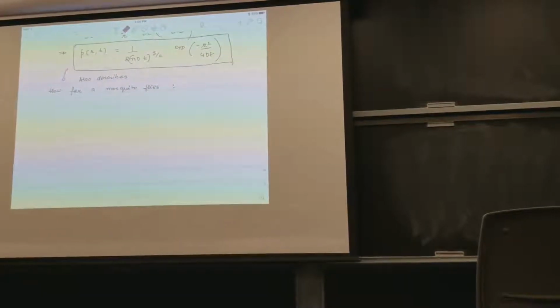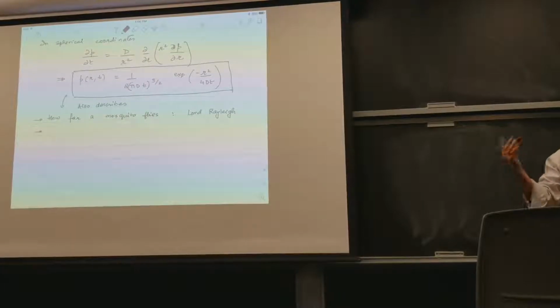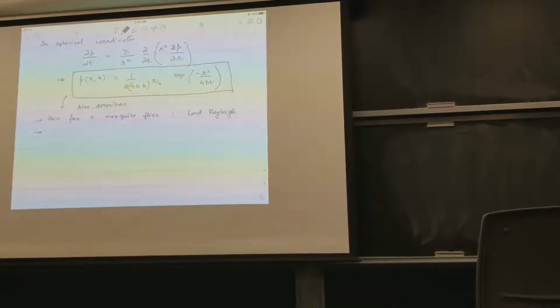It was calculated by Lord Rayleigh in some other context, but a lot of early work on writing the stochastic equation and another version, called the Langevin equation, was done between 1904 and 1920 by Einstein, Smoluchowski, and Langevin.